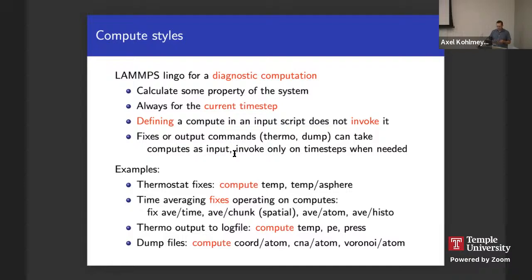You can write thermo output to the log file, so that would be like compute temp produces a scalar, PE is the potential energy or the pressure. And then there's also computes that you can write to the dump file, so these produce per atom data, like the compute coord/atom, CNA/atom, or the Voronoi tessellation.